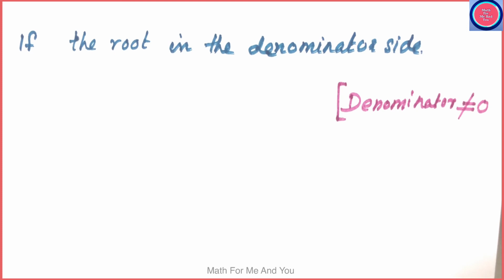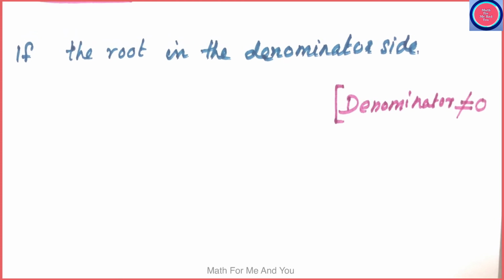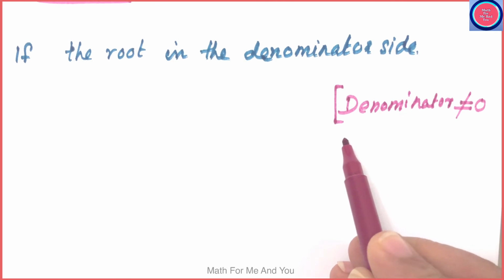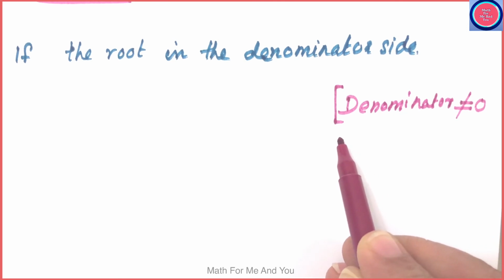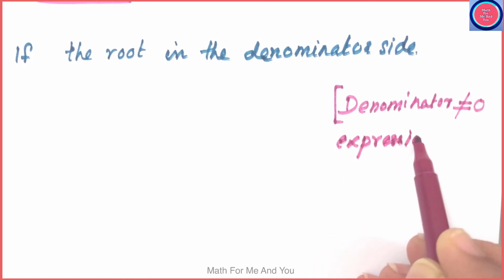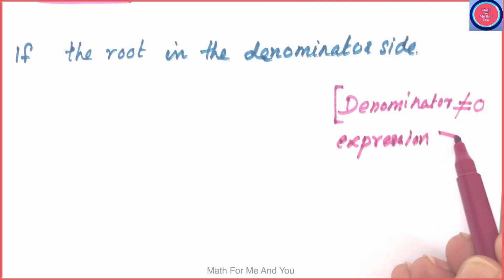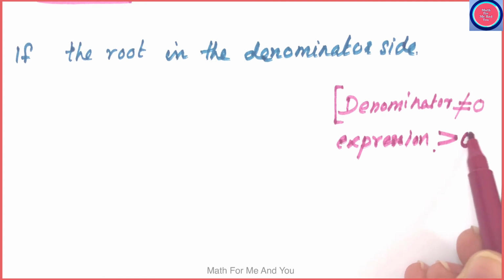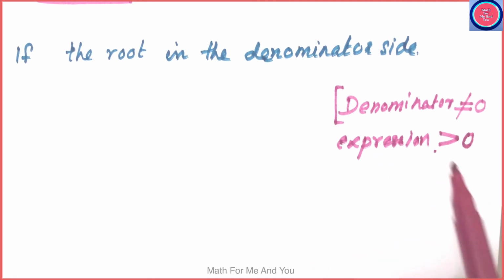And with the root we have studied another condition, that the expression under the root must be greater than or equal to 0. But if it is in the denominator side, we have to join these two and write that the expression under the root must be greater than 0, because not equal to 0 means we cannot write equal here, just write expression greater than 0.